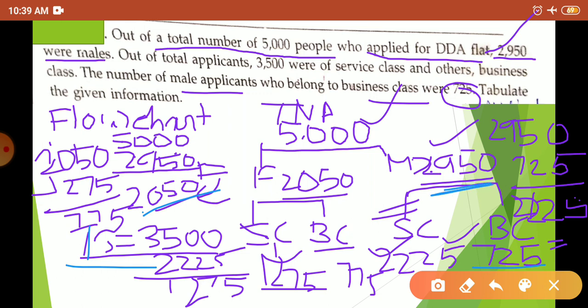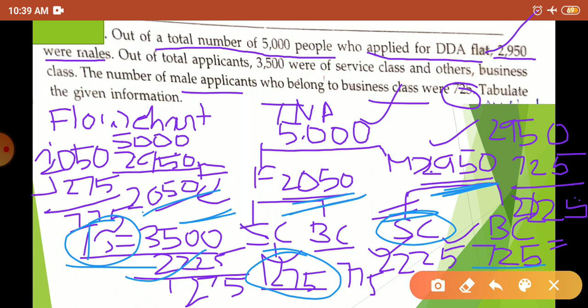We know the total number of business class. तो जब मैं 725 से इसको सब्सट्रैक्ट करूँगी तो सर्विस क्लास का नंबर मुझे मिल जाएगा. Now female. फीमेल में कुछ नहीं दिया हुआ था डेटा, but we know the total number of service class, that is 3500. उसमें से मेल कितने बिलोंग करते हैं? तो 2225. जब सब्सट्रैक्ट करेंगे तो 1275 will be your women's number who belong to service class. When we know this number we are going to subtract from 2050. In this way we get the number of business class.